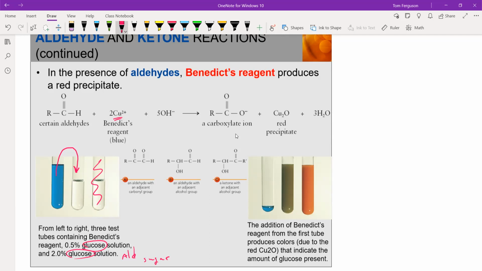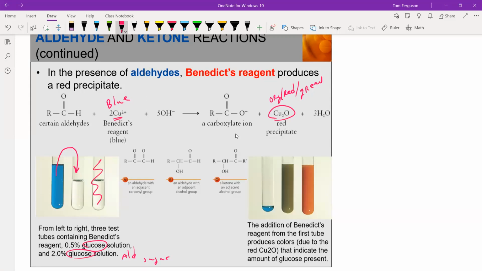So the copper, instead of nice blue, let's call that red, it's kind of an orange red, kind of a gunky looking stuff.